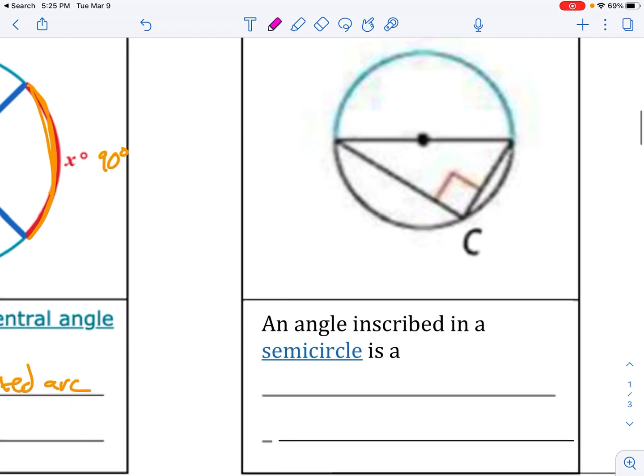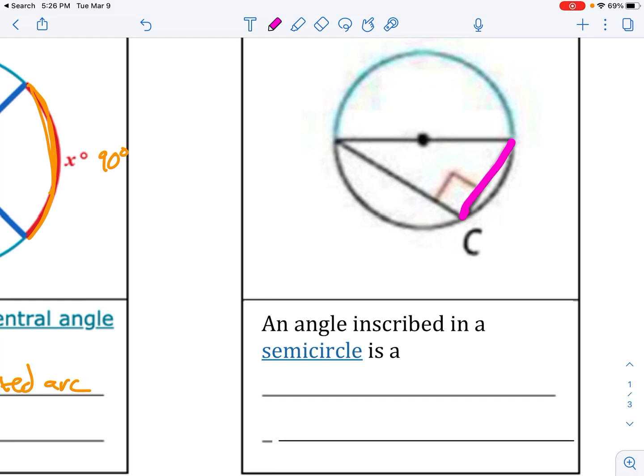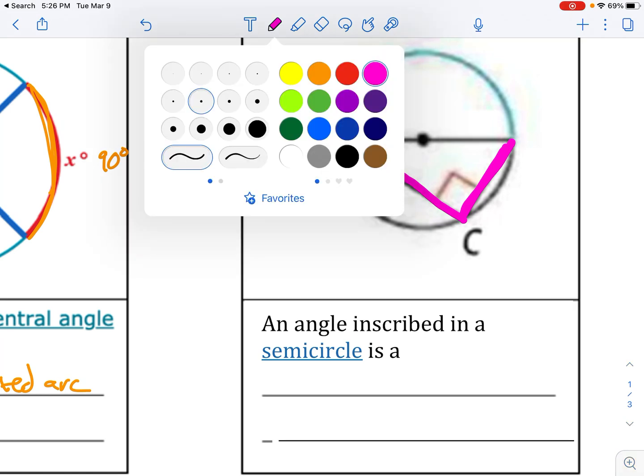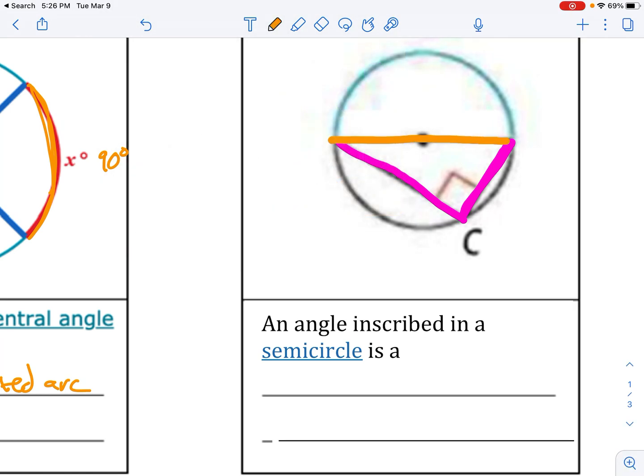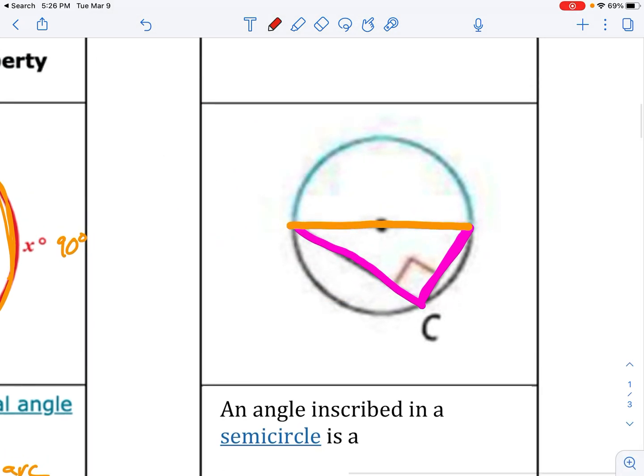Over here, this is kind of the same situation. If this is the angle we're talking about, and this is a diameter, then basically what that's saying is that's halfway around the circle, which means that's 180 degrees.